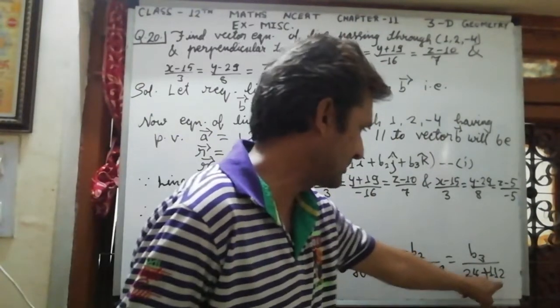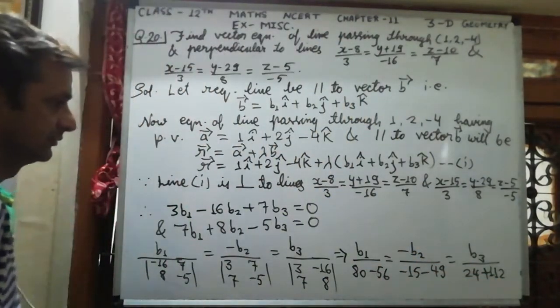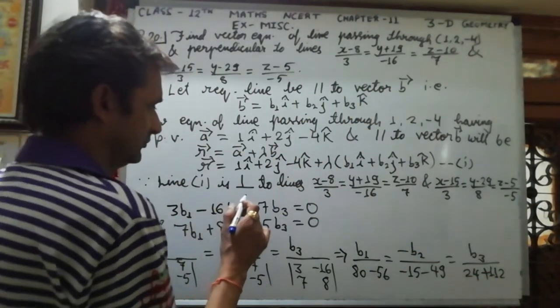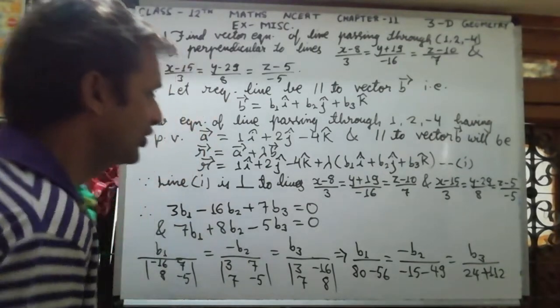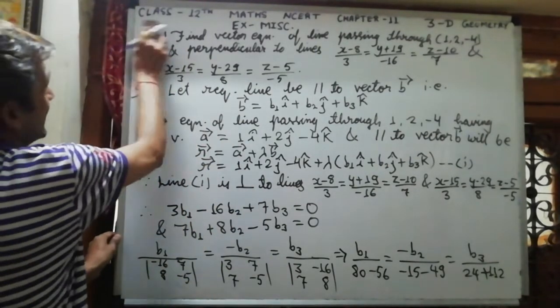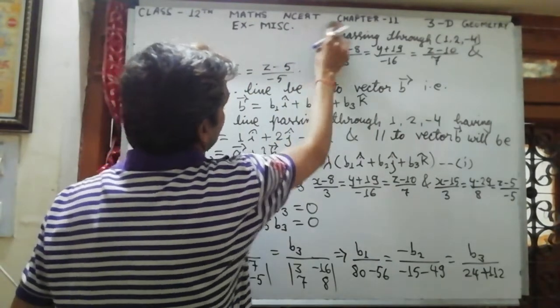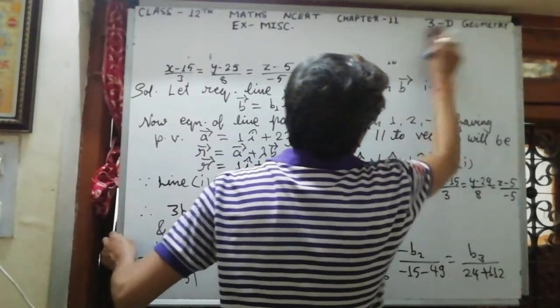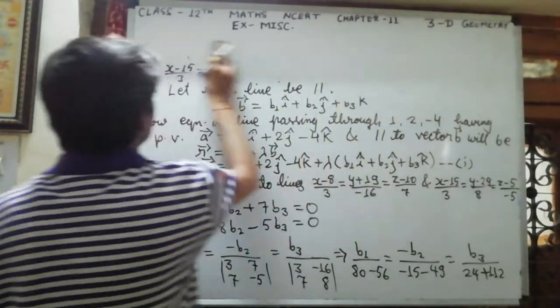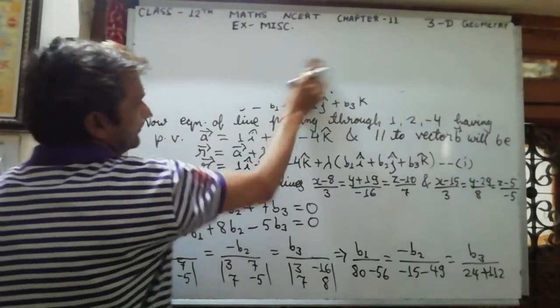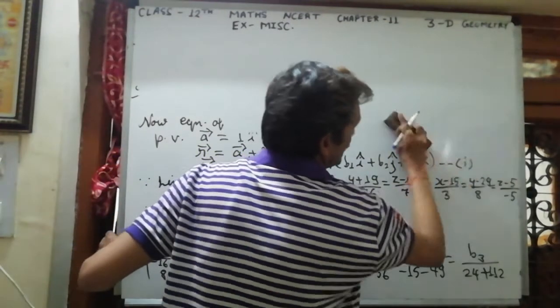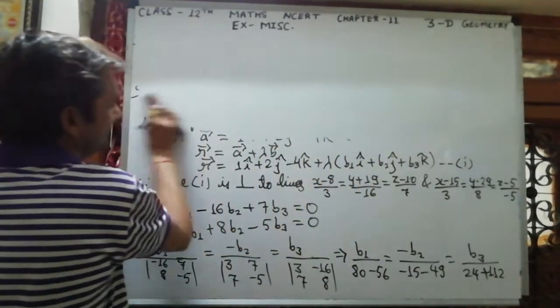So 24 plus 112. Now on doing further solution, we will get the values of b1, b2 and b3.